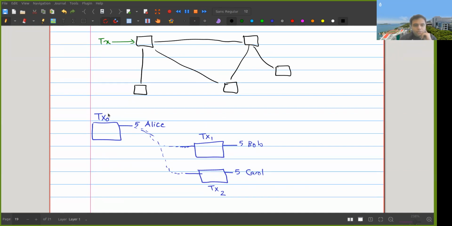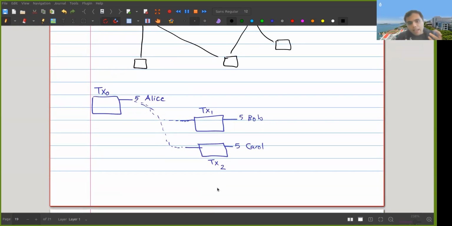So Alice is using this output twice. So what happens? As a miner node, I will see both of these transactions. And I might choose to say that, okay, transaction 1 is valid from my point of view. I want to put transaction 1 in my block. And maybe you are another miner who is creating another block and you choose to put transaction 2 in your block.